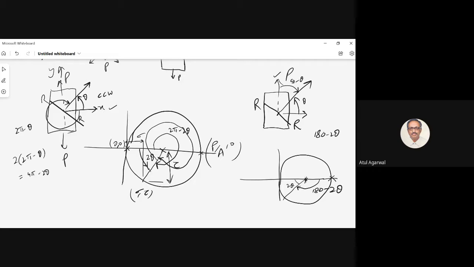Your ray is centered at the center of the circle and rotates. Your axis of rotation of the ray is at the center of the circle. At times people start rotating from here or here, then they are making a mess. So you see this is going to give you sigma and tau. You see, same thing happened here. I was having sigma and tau by the 2 theta. Can you see that you are getting the same results, whether you start from this plane or this plane? All right.